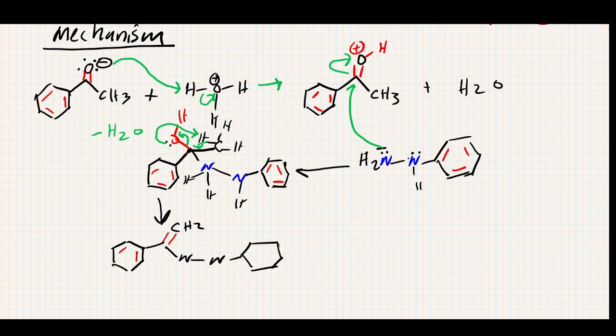So the double bonds are still the same in this case. They are not affected. Now, I want you to look at the nitrogen and see what is happening. So this nitrogen has got 2 hydrogens attached to it. This one has got 1 hydrogen.